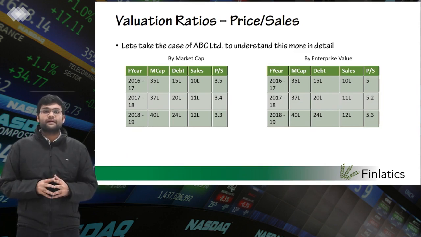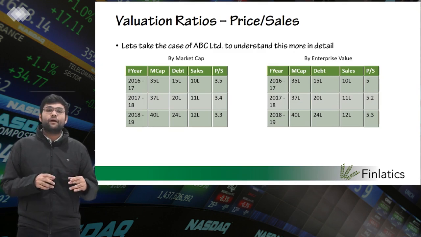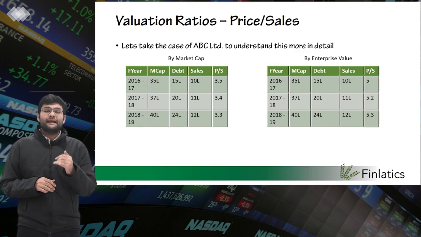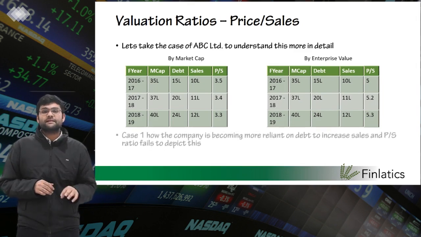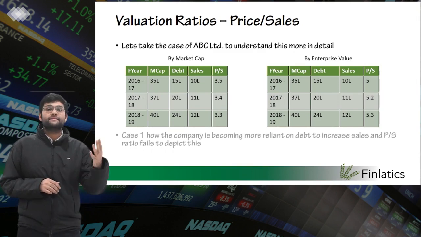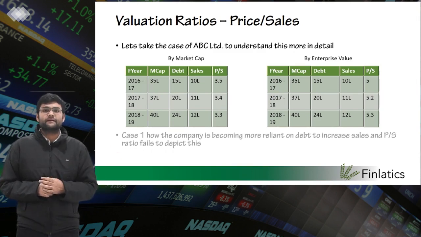Basically, the company here is becoming more reliant on debt to achieve its sales. In case 1, when the price to sales ratio is calculated by market capitalization, this is not factored in, and therefore the price to sales ratio is giving us a healthy measure and a healthy trend.